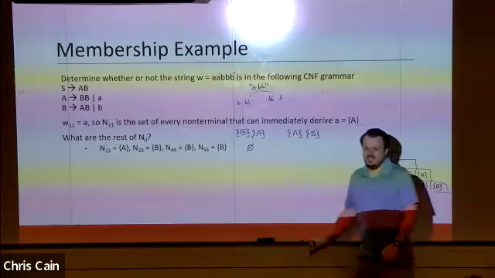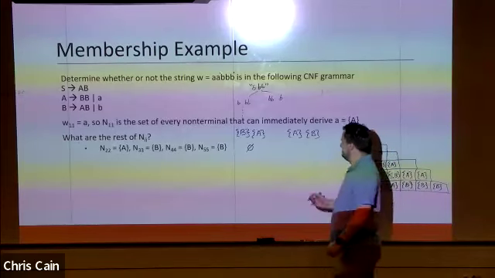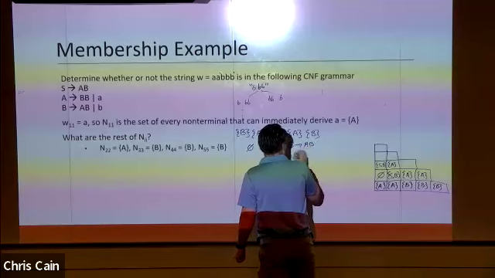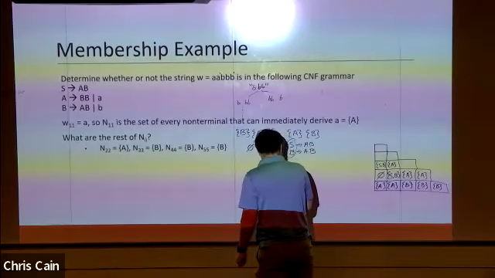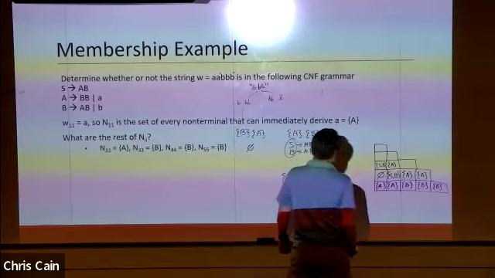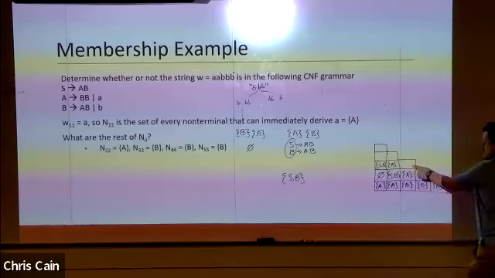Any ABs? Yes. We have S arrow AB, and we have B arrow AB. So we're going to add these guys to the set. That's what gets ported over to here.